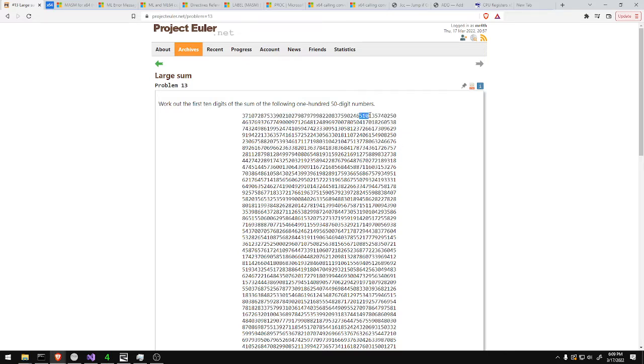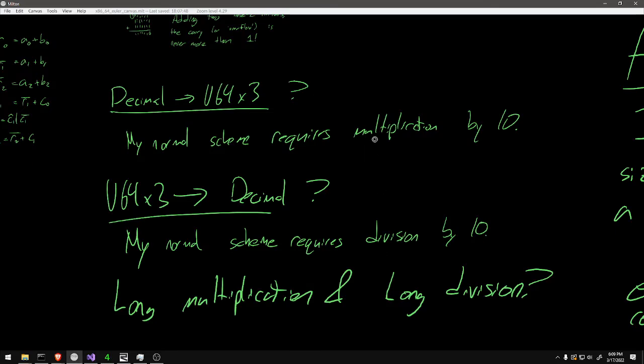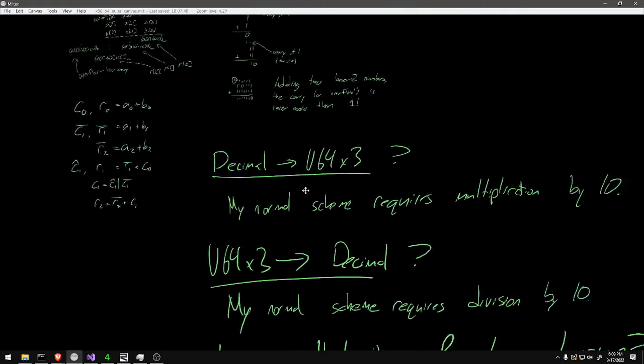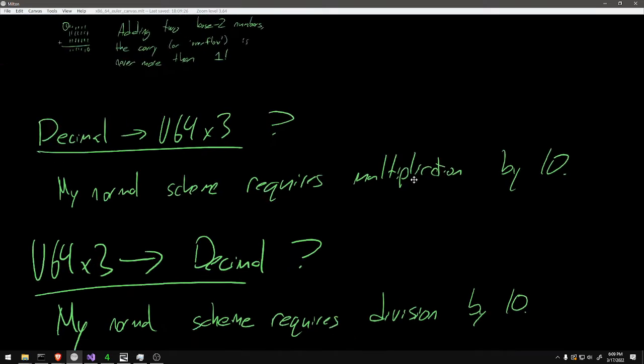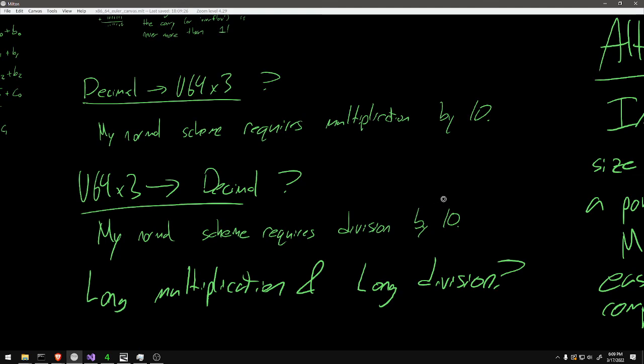Because when we see these, we know that 5 showed up in a slot, but we want to add that in now. So the tricky part was that we were going to need to do multiplication and division of our big numbers by 10 or multiples of 10.